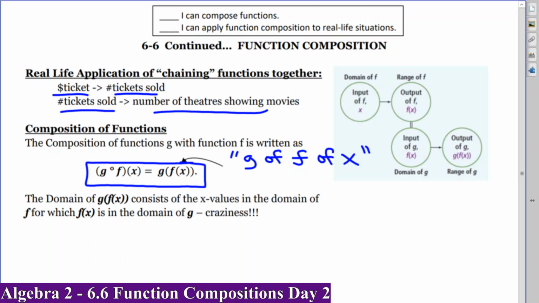And whatever is inside that parentheses there, we are always going to evaluate whatever's inside the parentheses first. So f of x, we always evaluate whatever is in first. It could be f of x, it could be g of x, it could be anything, whatever's inside.